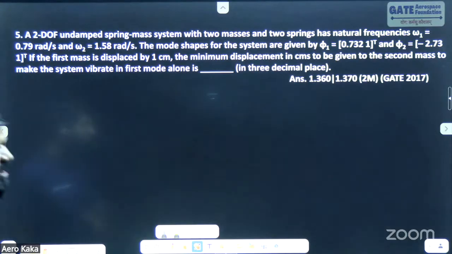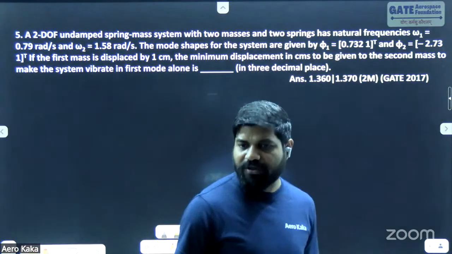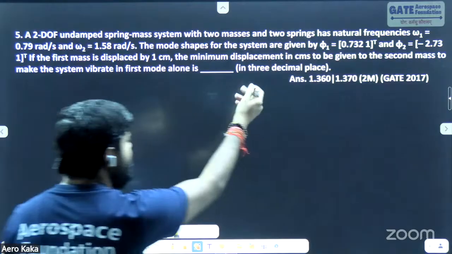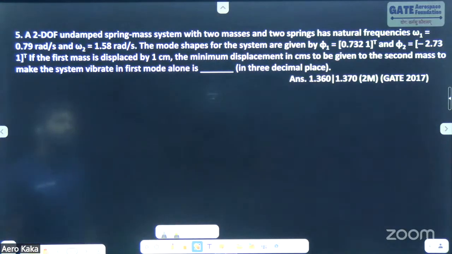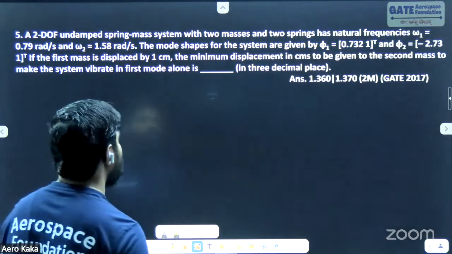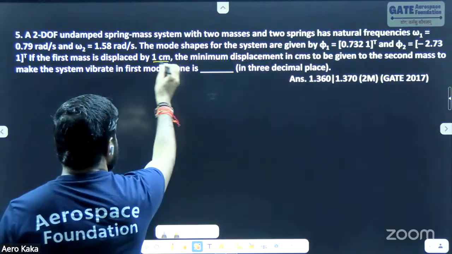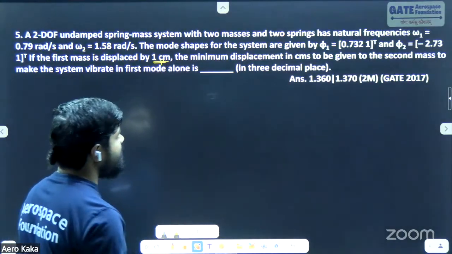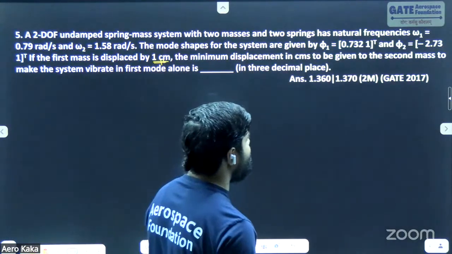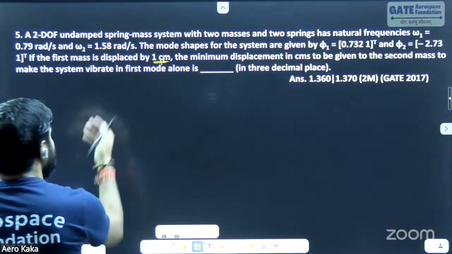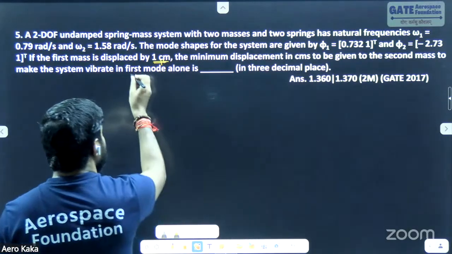Please remember, nothing to do with the natural frequencies. Just you have to take care of what the mode shape is. Mode shapes of the system are given by phi1 is this and phi2 is this. Very good. If the first mass is displaced by 1 centimeter, the minimum displacement in centimeters to be given to the second mass to make the system vibrate in first mode alone.